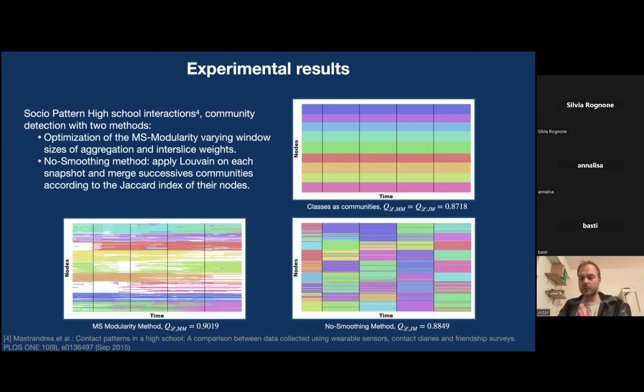But the best community structure according to the joint membership is the one on the right, which is given by the no smoothing method. And there are a lot of communities here. I forgot to say that on the left, there are communities on the white parts, but I chose not to show them. I displayed only the top 12 communities, so it's still understandable.